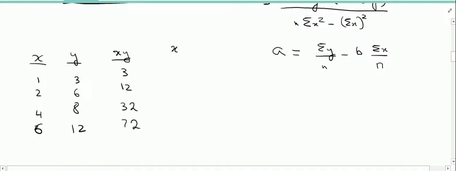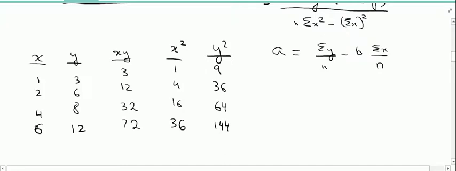For x square, our values will be 1, 4, 16 and 36. Y square values are 9, 36, 64 and 144.